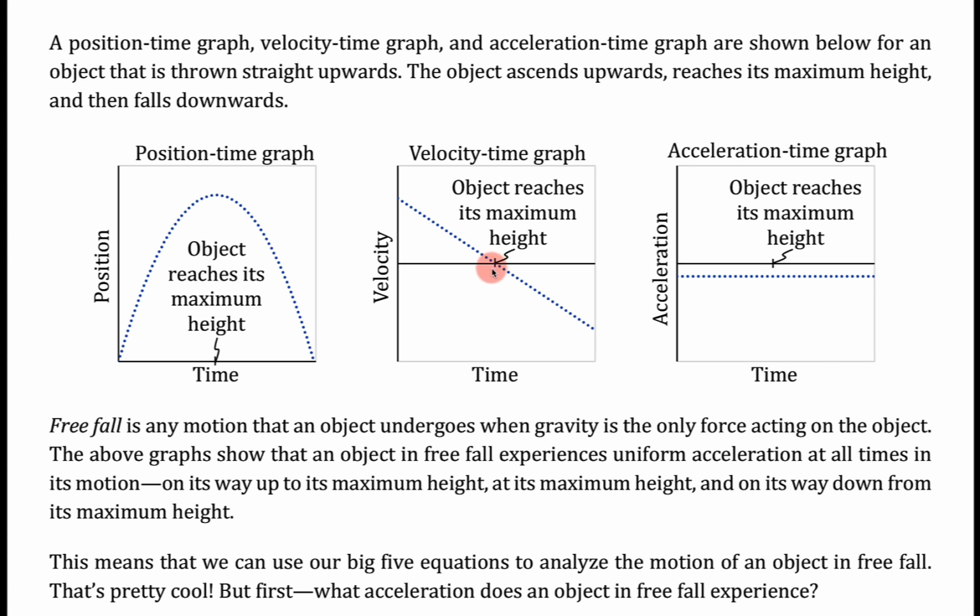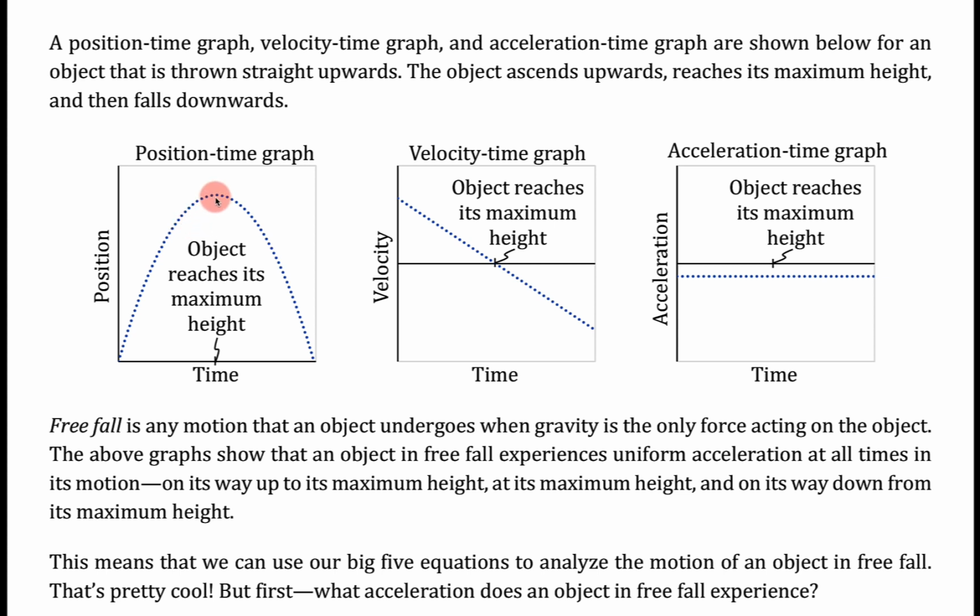And the velocity time graph for our object that has been thrown upwards actually looks kind of interesting. We can see that initially our position time graph has a steep positive slope, and so that corresponds to having a positive velocity. As time progresses, the position time graph levels out so that its slope becomes shallower and shallower.